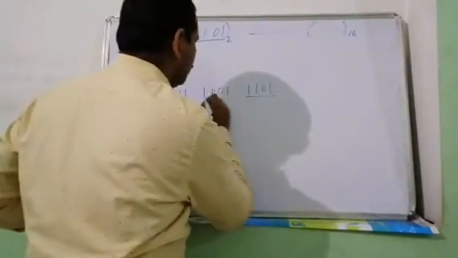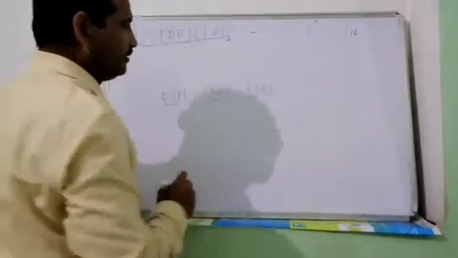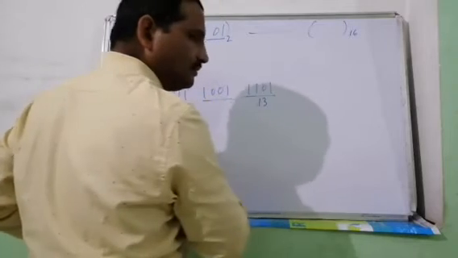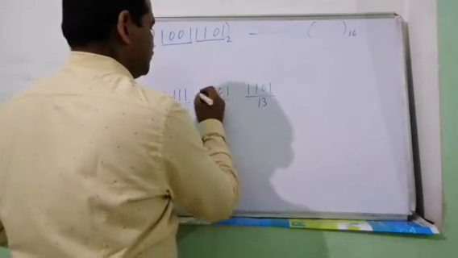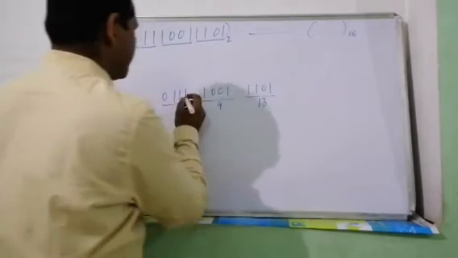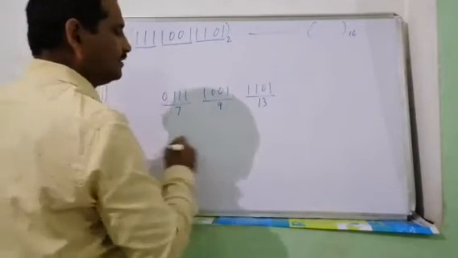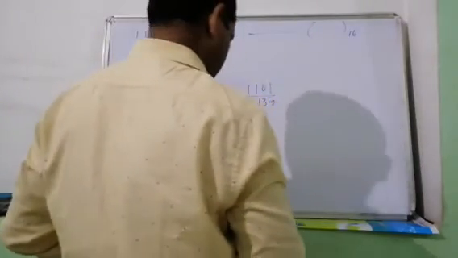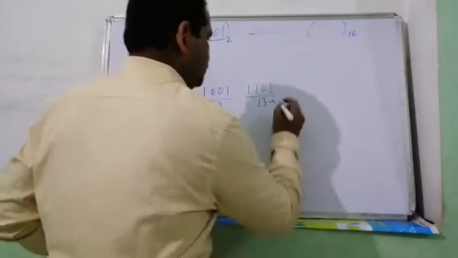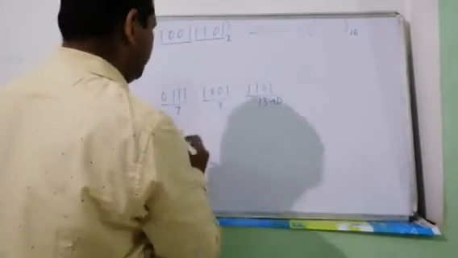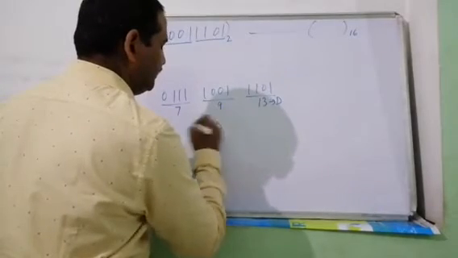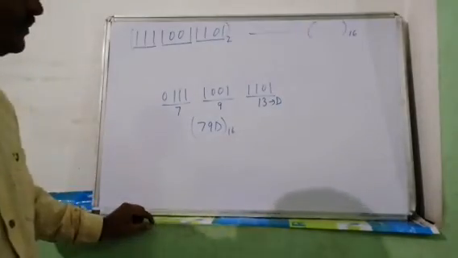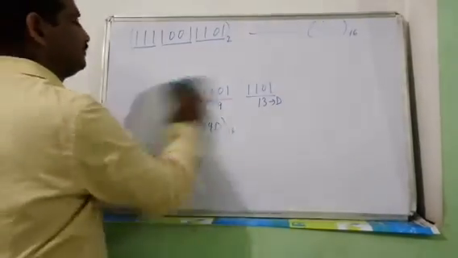Now we convert each into decimal. This is 13, this is 9, this is 7. 13 means D. So it will be 79D in the hexadecimal number system.